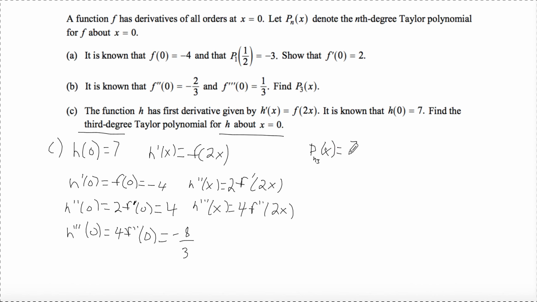H of 0 is 7 over 0 factorial x to the 0 plus negative 4, my first derivative of h, over 1 factorial x to the 1 plus my second derivative value was 4 over 2 factorial x squared plus third derivative is negative 8 thirds over 3 factorial x cubed. All right, pause a second.